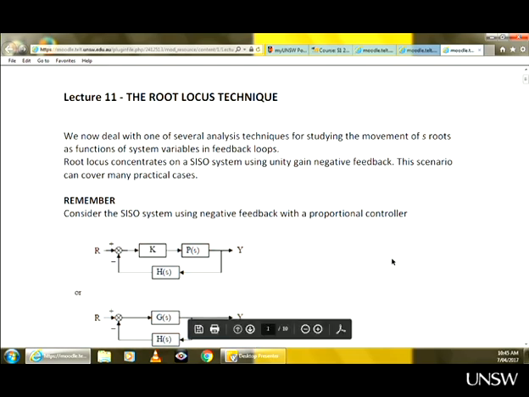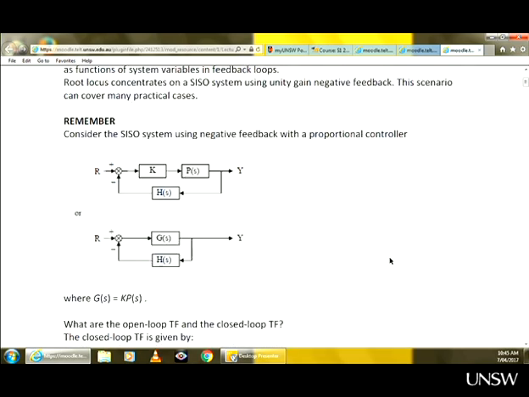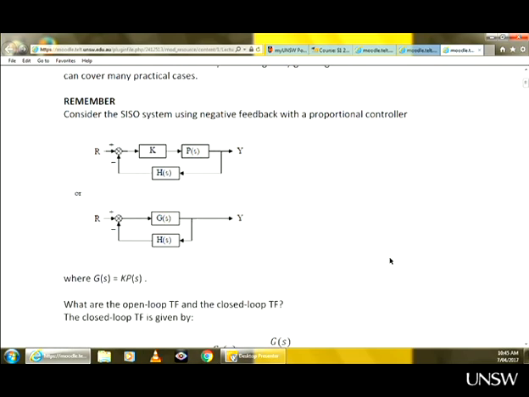So this lecture, lecture 11, called root locus technique, shows you how the poles move through the s-plane when you vary K from 0 to infinity, how the roots of the denominator move through the s-plane. Why do we care? Because the poles tell us how stable the system is.